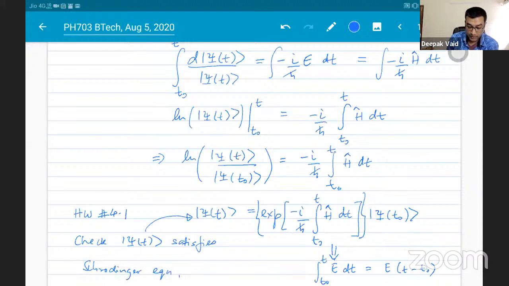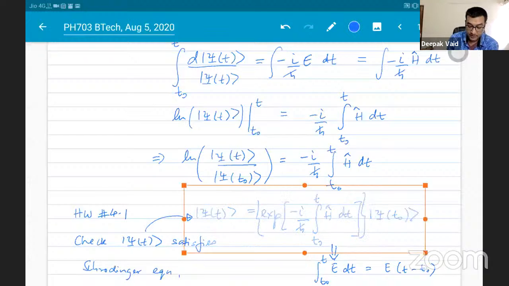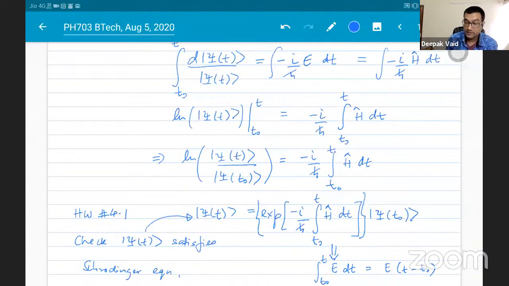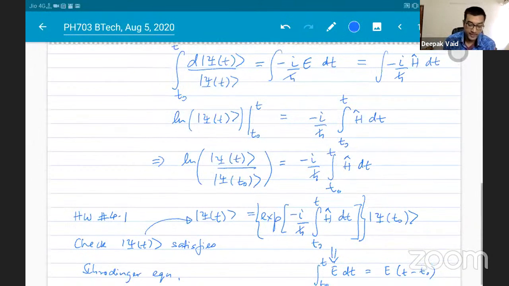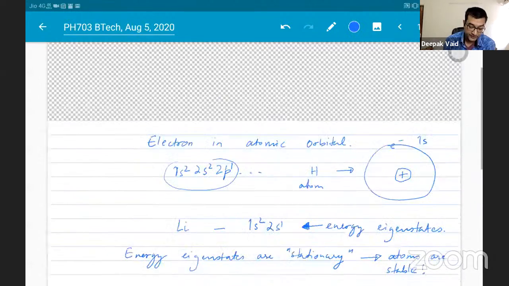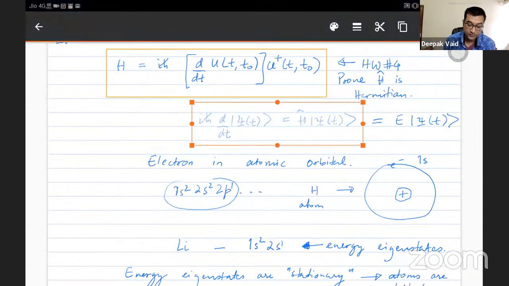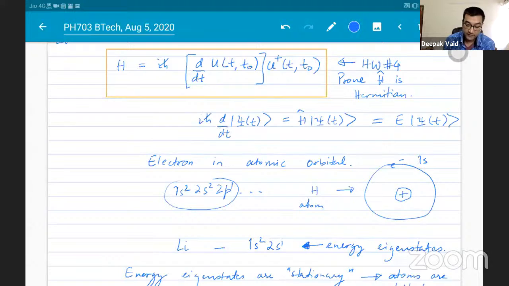So you have to substitute this expression. You have to take the time derivative of this expression, and then you have to show that that time derivative satisfies this equation, not with the eigenvalue, because in this solution the eigenvalue is not mentioned anywhere. It's for an arbitrary state.